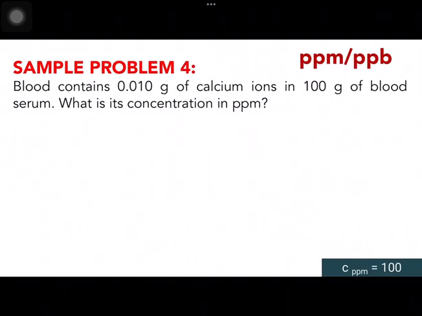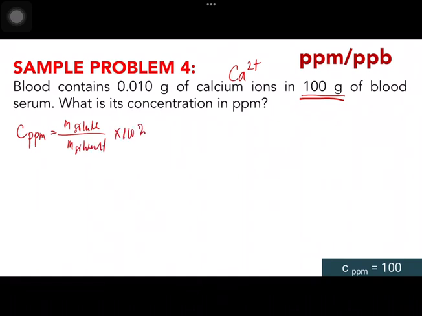So, let's give a sample problem. Blood contains 0.010 grams of calcium ions, or Ca2 plus, in 100 grams of blood serum. So what is its concentration in ppm? To answer that, let's write C ppm is equal to mass of your solute over mass of your solution times 10 to the 6. The units need to be the same. This 0.010 grams of calcium ion is your solute.